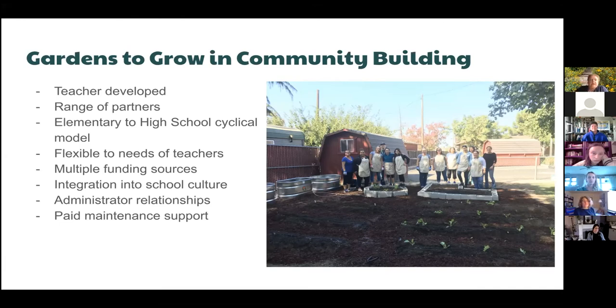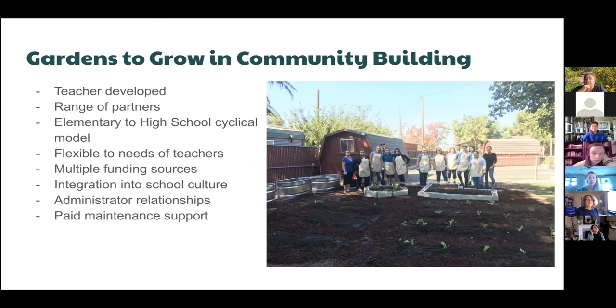They have a program where every elementary student has garden programming. So every teacher has a garden educator come and provide garden programming for their students, which was an aha moment for me. In Austin, we have 130 schools, so we don't yet have that story, but someday that's my dream, sparked by Gardens to Grow In.